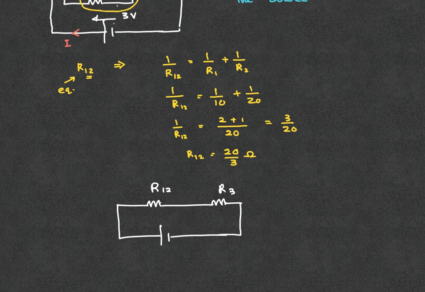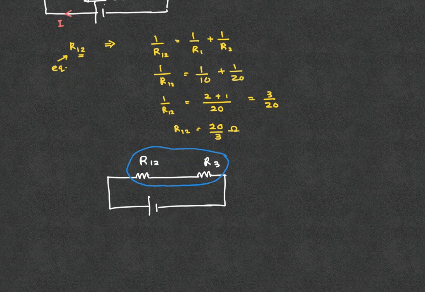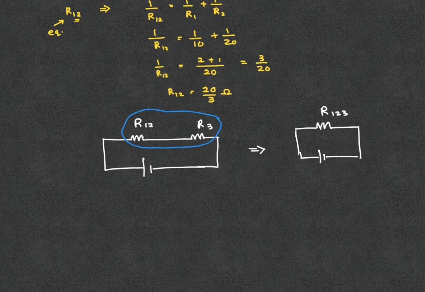Now again, I am following the same steps that we discussed earlier. Here we find two resistors that are in series. Now what I do is I am going to get the equivalent of those two, and I am going to call it R123. Okay, so here we have the source, and let's substitute the values.